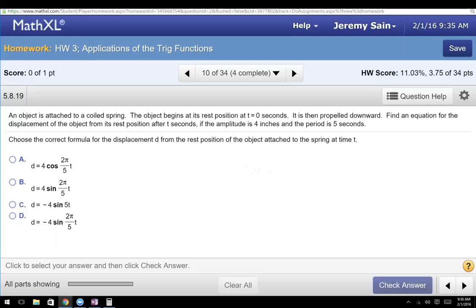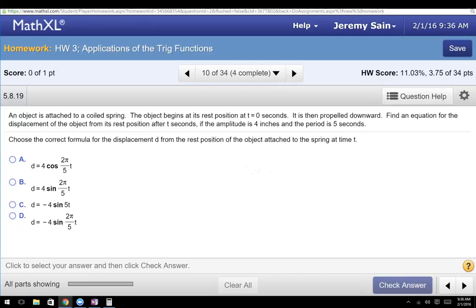Okay, so this one we're starting in the middle and we're somehow pulling it down. If we were starting in the middle and going up, that would be sine. Sine goes 0, 1, 0, -1. Since we're starting at 0 and going down, it's going to be negative sine.